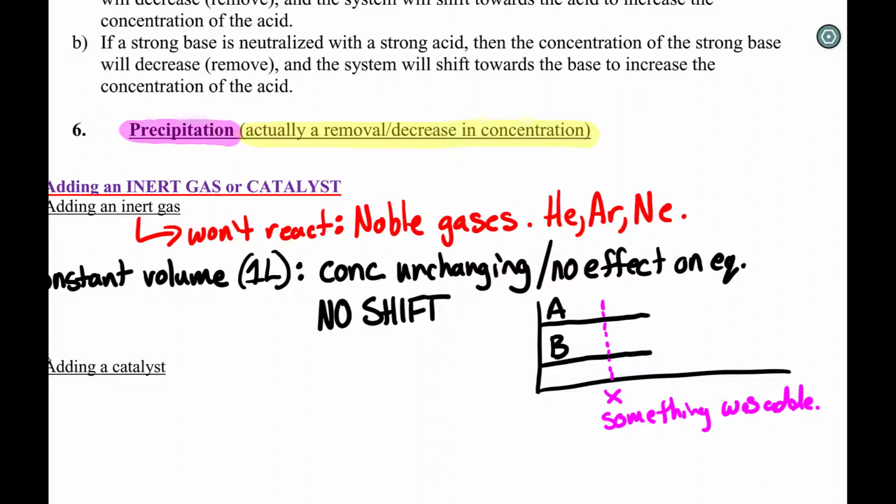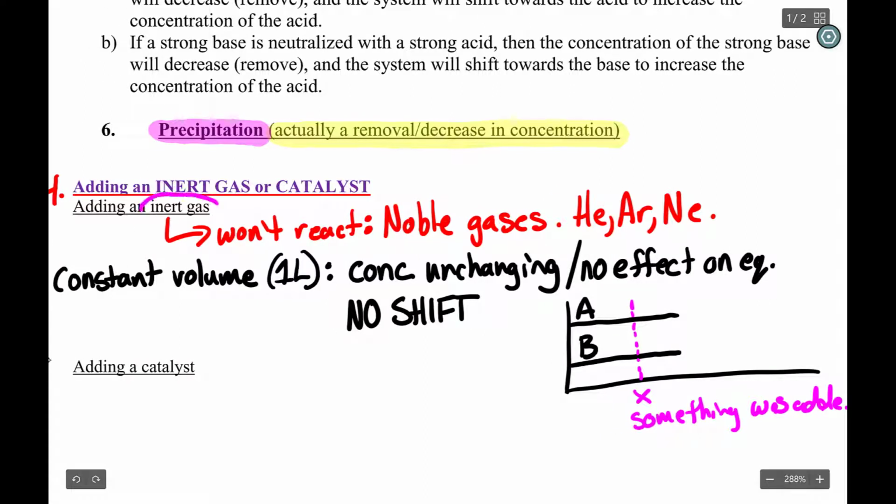Then what that tells you is, okay, this is either an inert gas because it hasn't caused a shift in any way. A shift is going to cause the lines to go up vertically, up or down, or it's going to cause them to gradually move up or down, but those lines are going to change in some way. The fact that they have not changed in any way is telling me really I've added an inert gas or I've added a catalyst to the system.